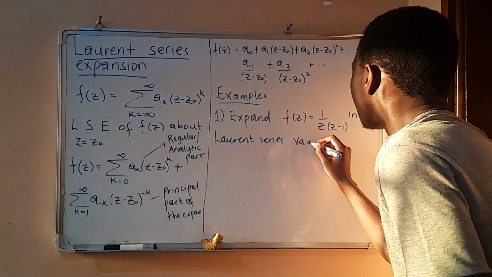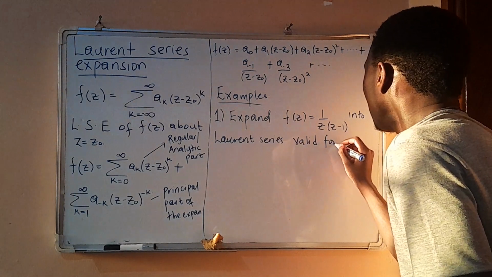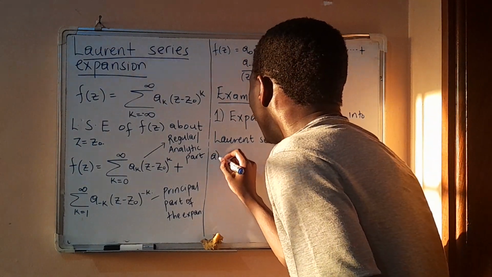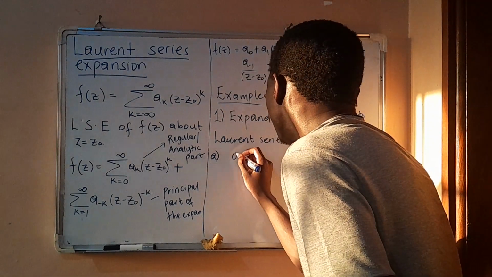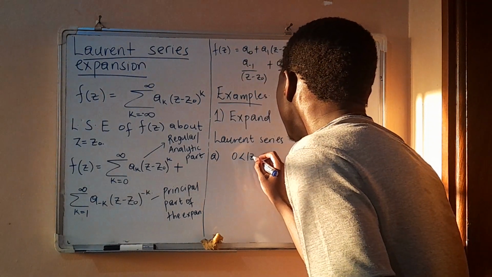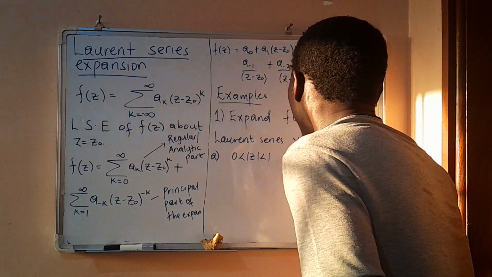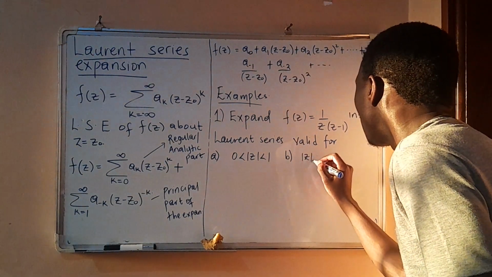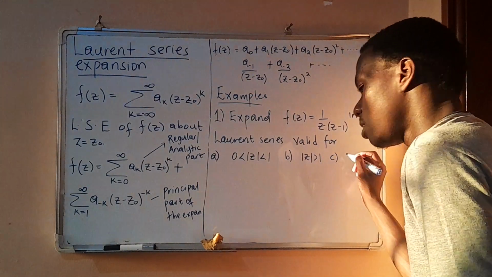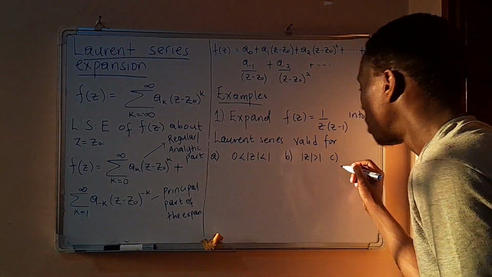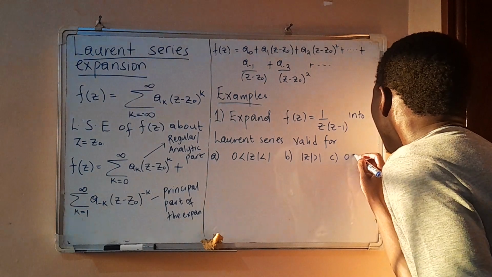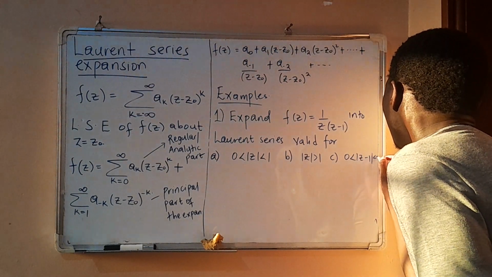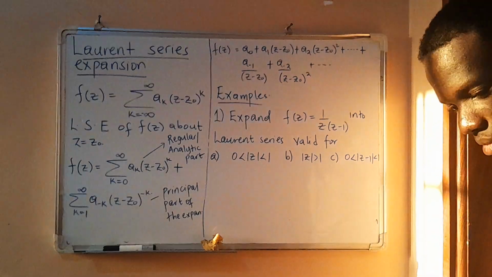valid for the following domains. Part A, the domain is this. Part B, we have absolute z greater than 1. Part C, we have 0 less than absolute z minus 1 less than 1.